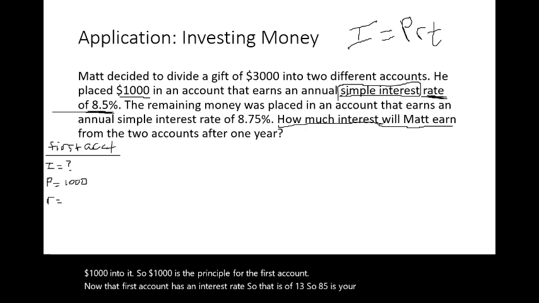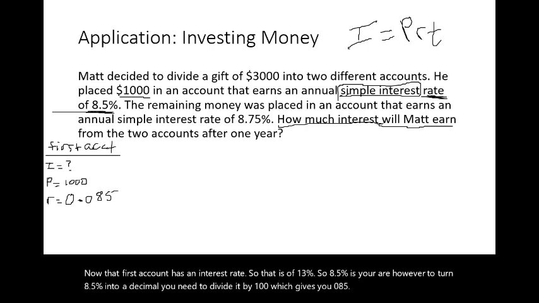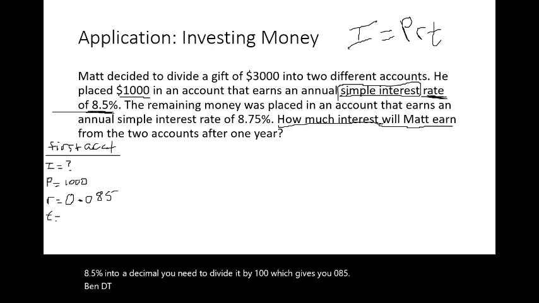However, to turn 8.5% into a decimal, you need to divide it by 100, which gives you 0.085. Then the T, the time that this is left in the account, is 1 year, so T is equal to 1.